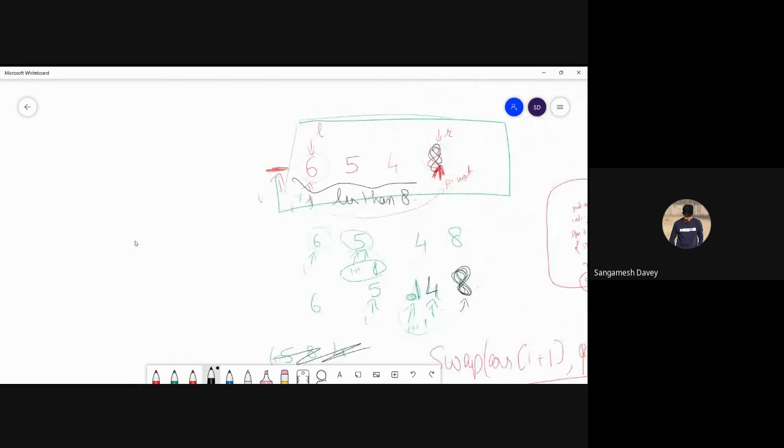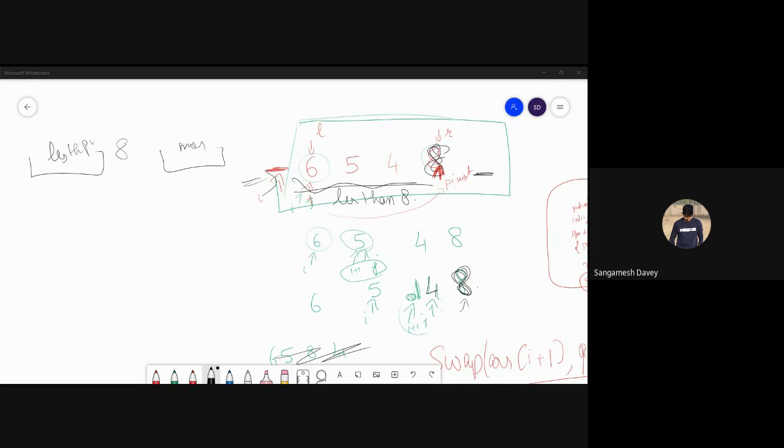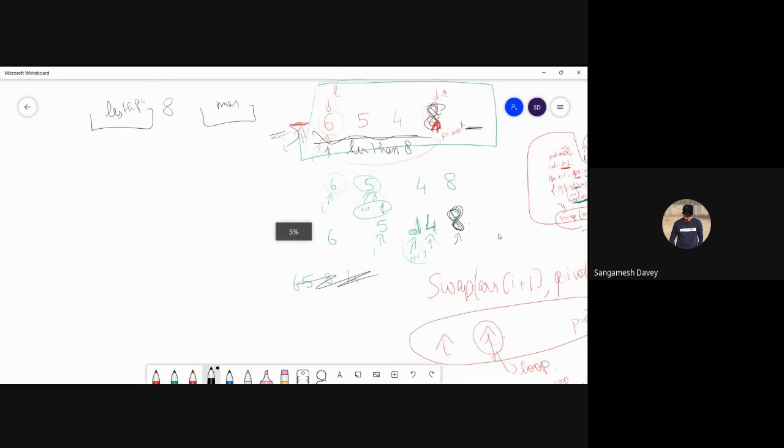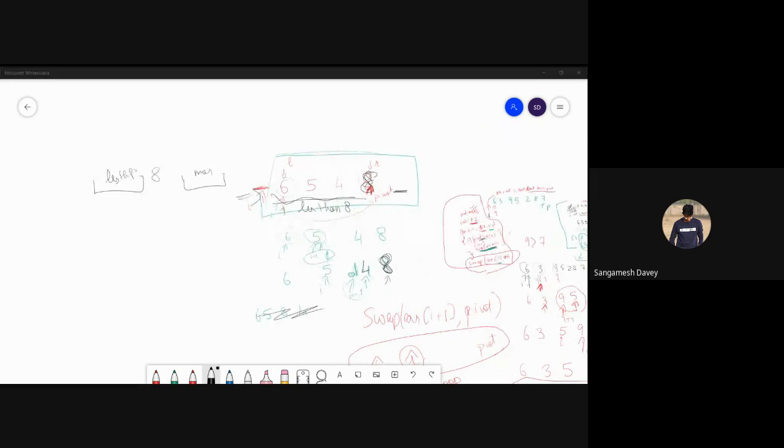I took a wrong example because the elements less than 8 are already there. What is the main thing of partition? I will place the pivot element such that elements less than pivot are on one side and more than pivot on the other. In the example that I took over here, everyone is already less than pivot. Still the algorithm worked, right? Still the algorithm gave the same result. Right? So can I move on?